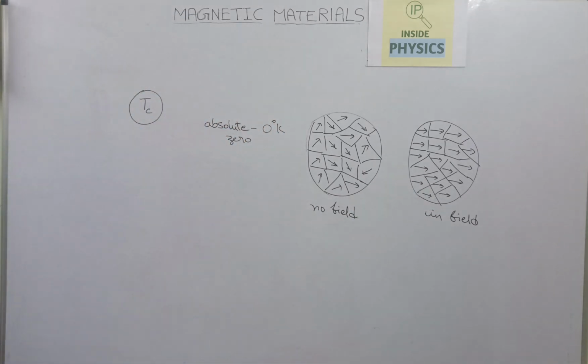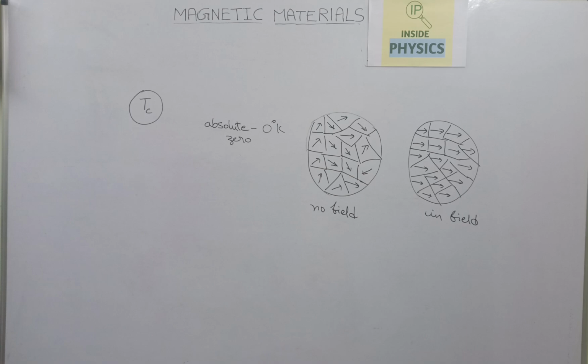So how will the domains help in establishing the relations between the magnetic susceptibility, the applied field and the absolute temperature? We will consider here the Weiss hypothesis as the domain theory of ferromagnetism.